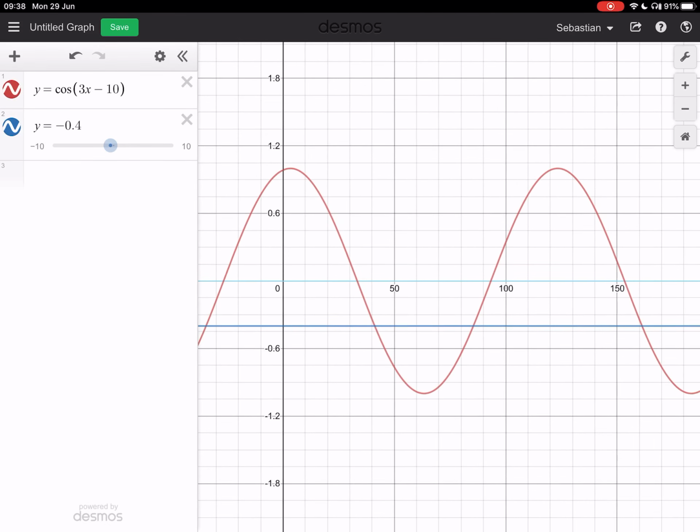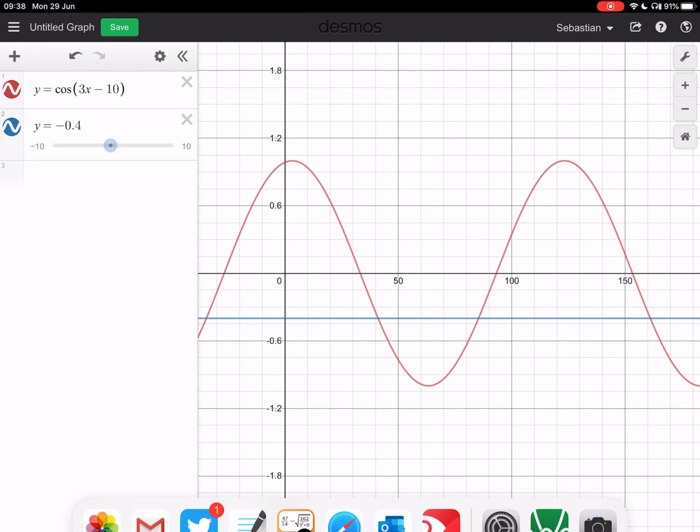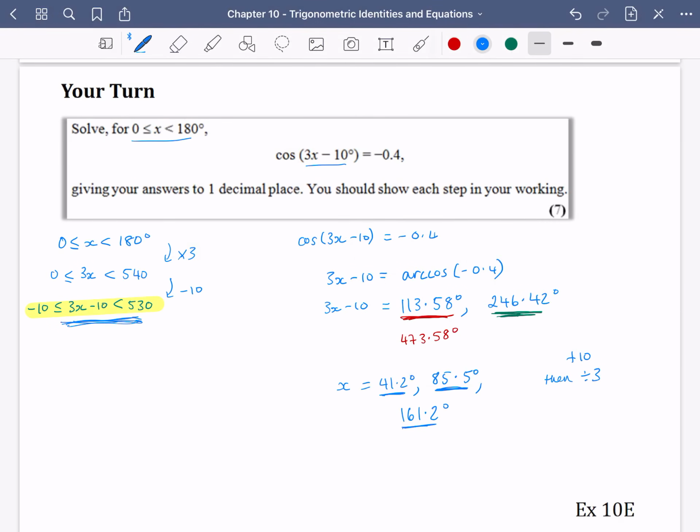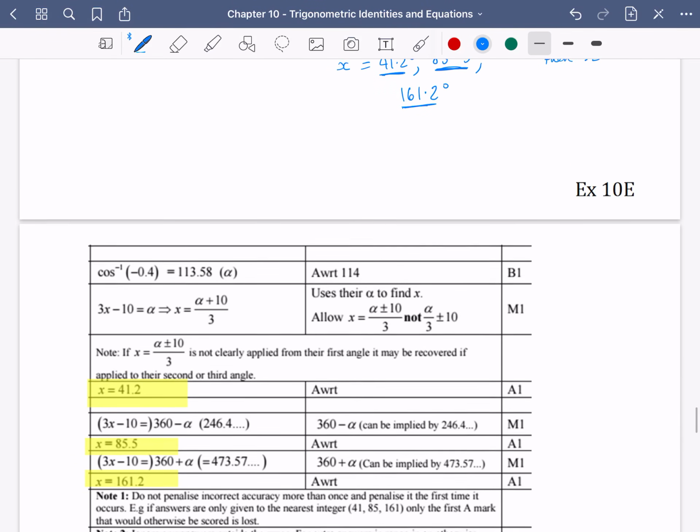So where is 180? 180 is here. So I've only got 3 solutions: 41.2, 85.5, and 161.2, which are the 3 ones that we had here. I'm just going to confirm that from the mark scheme as well: 41.2, 85.5, and 161.2.